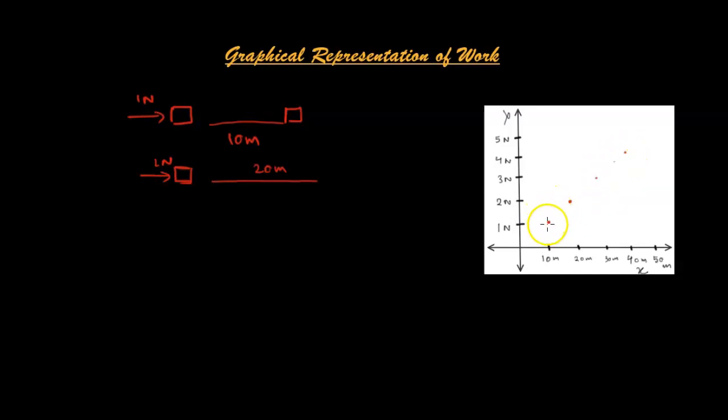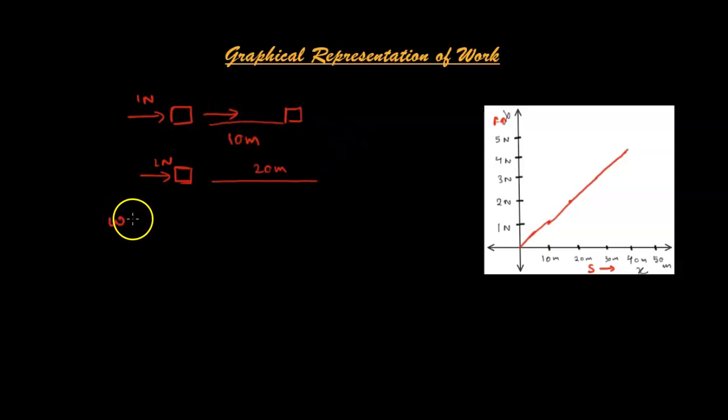So you'll see when we have taken the force and displacement, here we are taking displacement this side and we are taking force this side. So the graph is coming over here. And in this case, you might have noticed that the displacement is being produced in exactly the same direction where the force is applied.